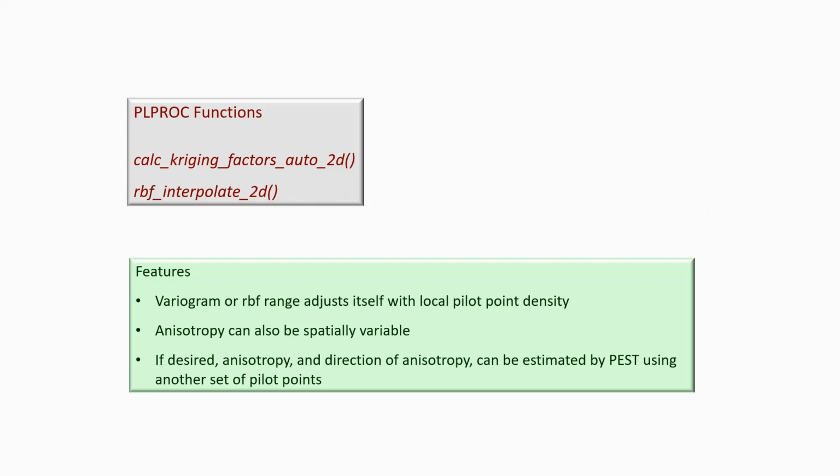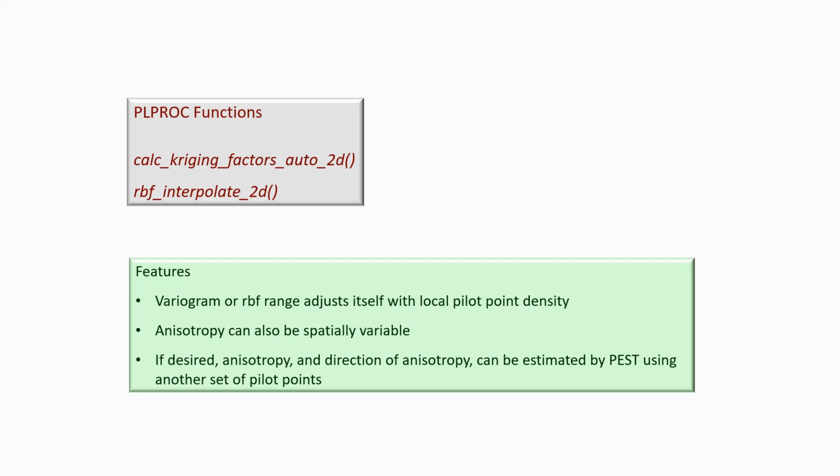In both cases, the mathematical operation which underpins the interpolation adjusts itself automatically to the local pilot point density. So if, for example, we're using kriging, in places where the pilot points are close together, the range of the variogram on which basis interpolation takes place is small. Where the pilot points are further apart, the range of the variogram on which basis interpolation takes place is greater, and this is all done automatically behind the scenes.